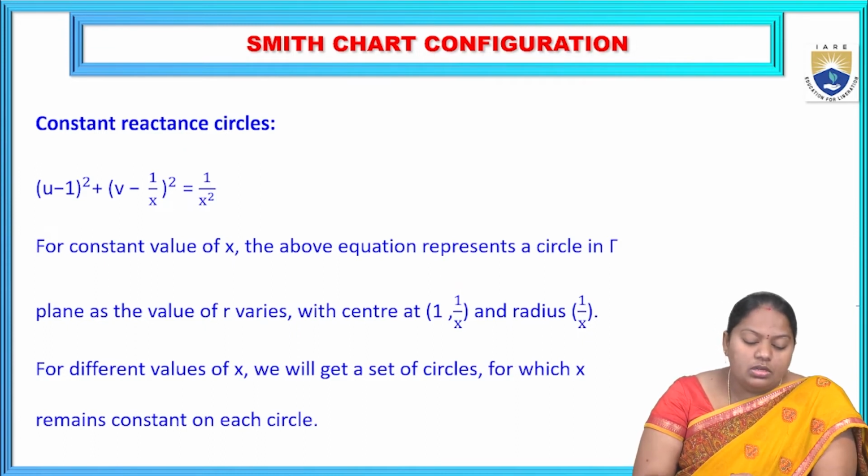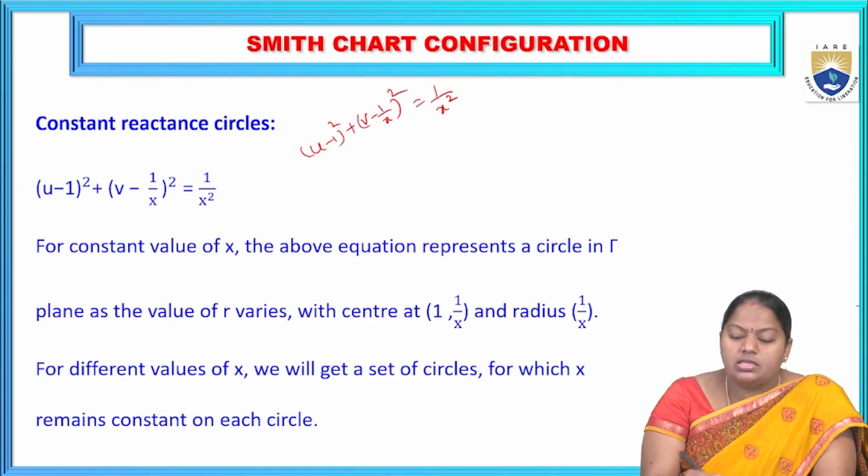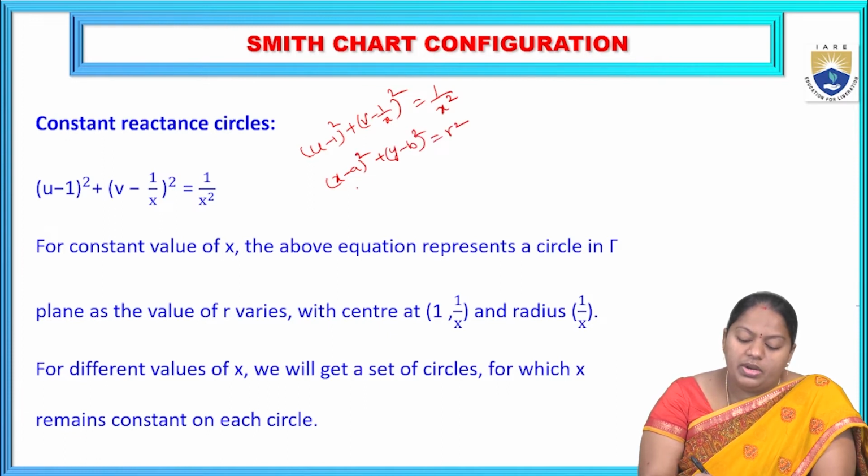So here (u minus 1) whole square plus (v minus 1 by x) whole square equal to 1 by x square. As we know, the circle equation is (x minus a) whole square plus (y minus b) whole square equal to r square. Depending upon this, the center is nothing but (1, 1 by x) and the radius is equal to 1 by x.